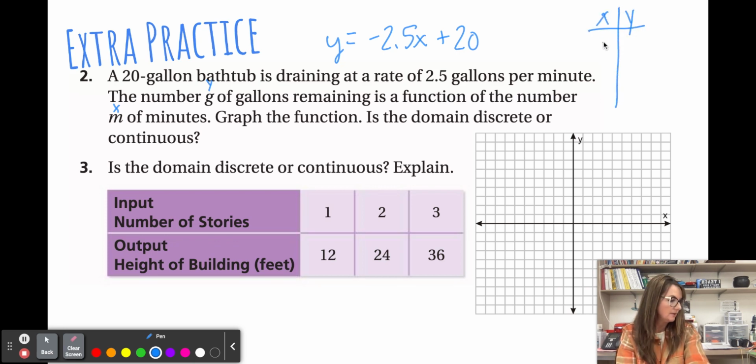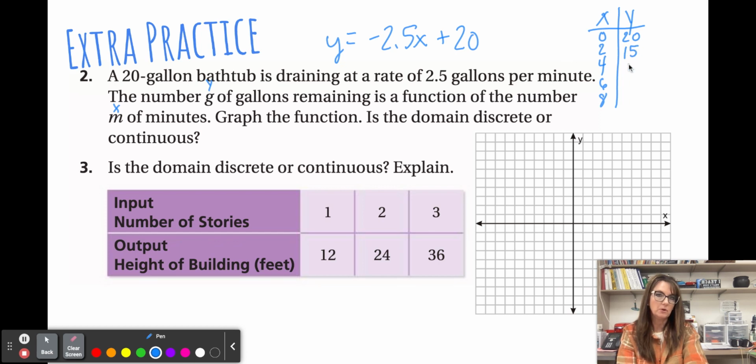And let's use the values, since it's halves, let's maybe use even numbers. So 0, 2, 4, 6, and 8. So obviously 0 would be 20. If you do 2, your output is going to be 15, right? Because you'll have negative 5 plus 20.